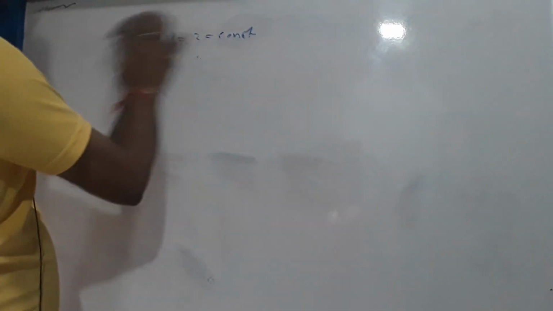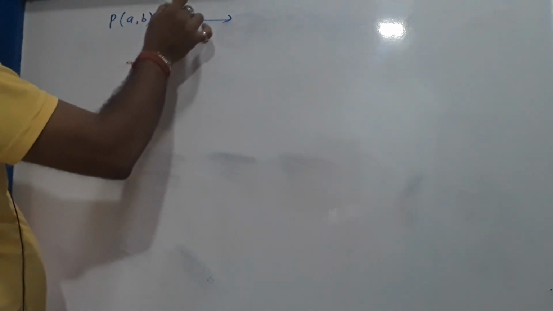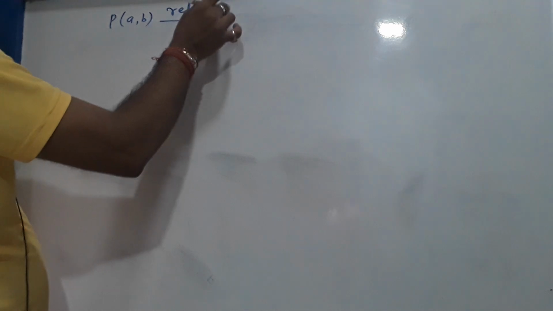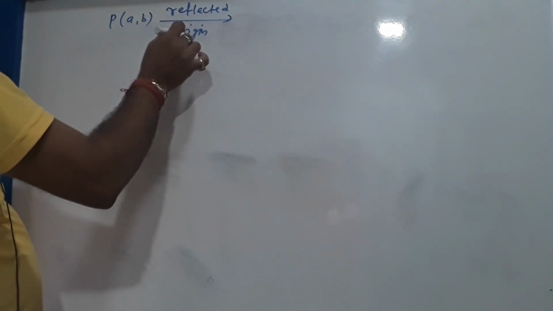Now let us solve the problem. So reflection in x axis, reflection in y axis, reflection in origin. Now the question is, the point P(a, b) is first reflected in origin. Origin means 0, 0.